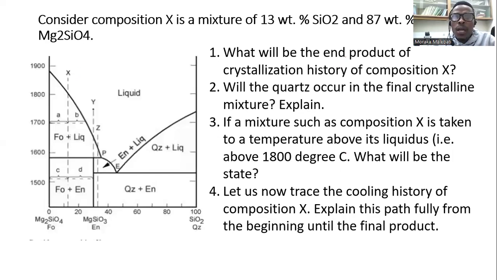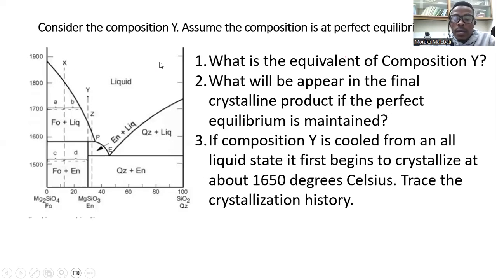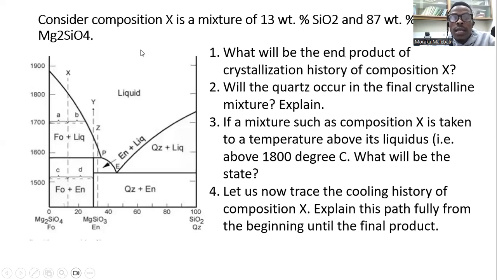Over here, let's consider this composition X. We are having the system between forsterite and enstatite, between enstatite and quartz, and generally forsterite and quartz.